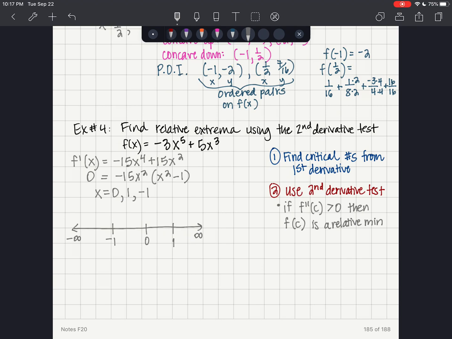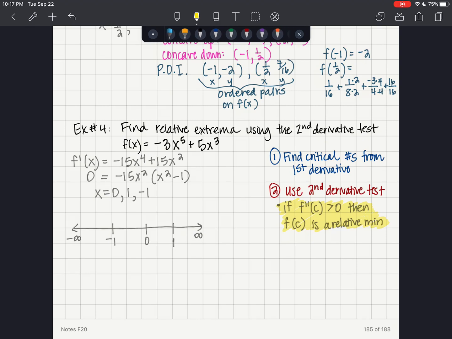If the second derivative is positive, then f of c is a relative minimum. I'm going to highlight that because that's the first part of your test. That's one piece of the test.